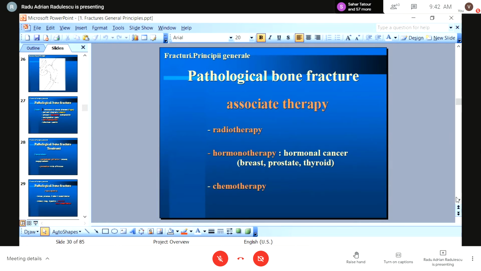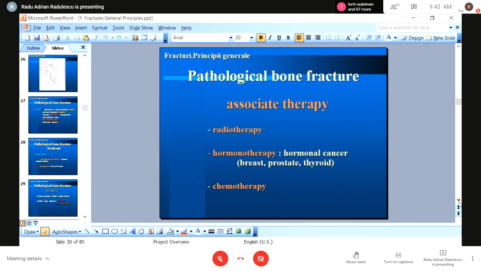Also, in some of these pathological fractures, we may use therapy with hormones. You know, this is an oncological treatment. I'm not very familiar with oncological treatment because these patients with tumors, beside the surgery which is done by us, will be sent to the oncologist in order to lead the chemotherapy and even the hormone therapy which may be necessary in this type of tumors.